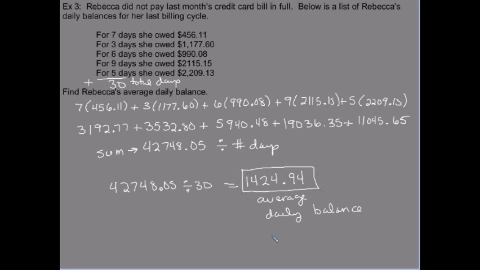This is used to calculate her finance charge. Now you want to make sure you divide it by the number of days, because if you calculated the finance charge on the 42,000, it would be way too high.